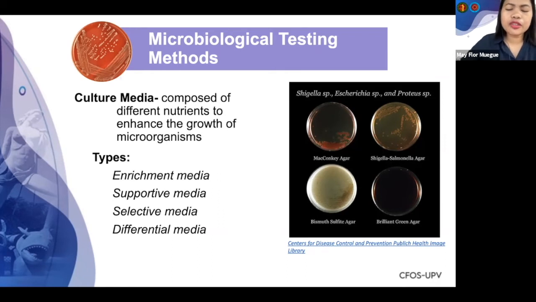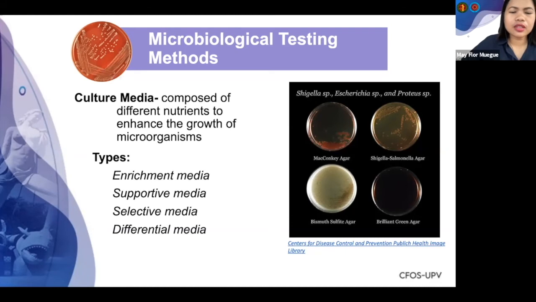Ito namang supportive media, you are adding certain nutrient, no, to allow the growth of fastidious organisms. Like for example, you add blood cells para ma-promote mo yung growth ng mga microorganisms that requires or bacteria that requires blood cells for growth. Ayan.